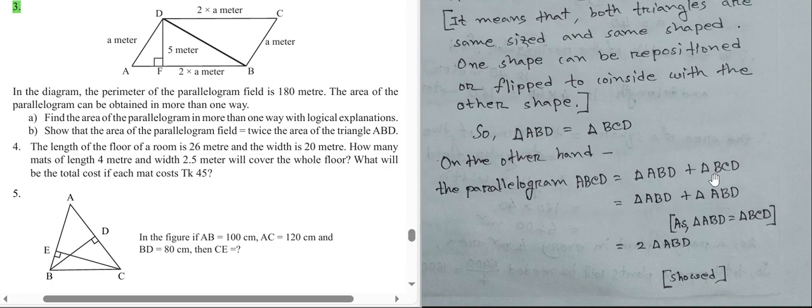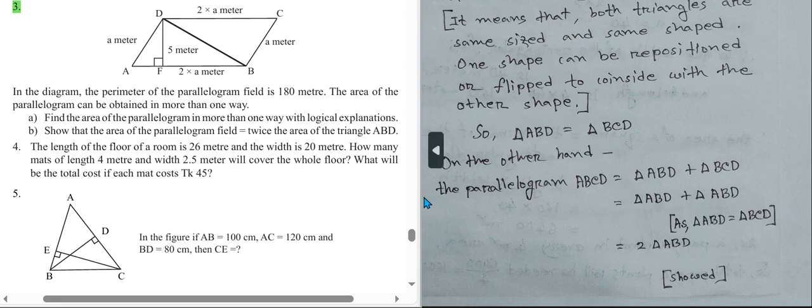Here we know that triangle ABD is equal to triangle BCD, so we can substitute the value of triangle BCD by triangle ABD. So after adding triangle ABD and triangle ABD, we find 2 into triangle ABD.